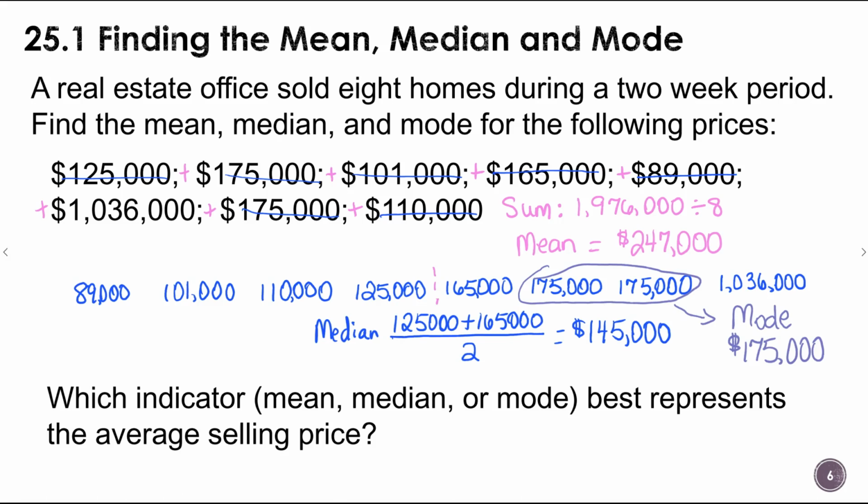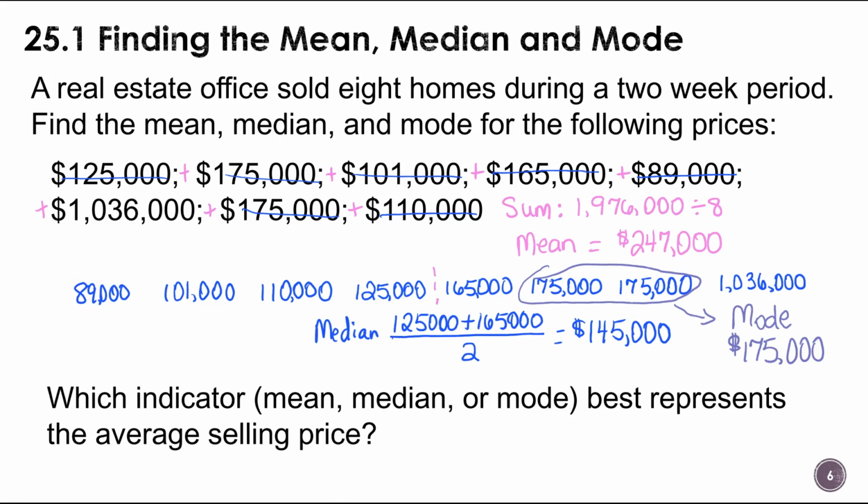And so it says, which indicator, mean, median, or mode best represents the average selling price? And so if you just look at the other numbers, right, the average selling price, we kind of ignore the 1 million because it's just so far out there. It seems like we should leave it out. You can see it affected the mean a lot because it made it 247,000.